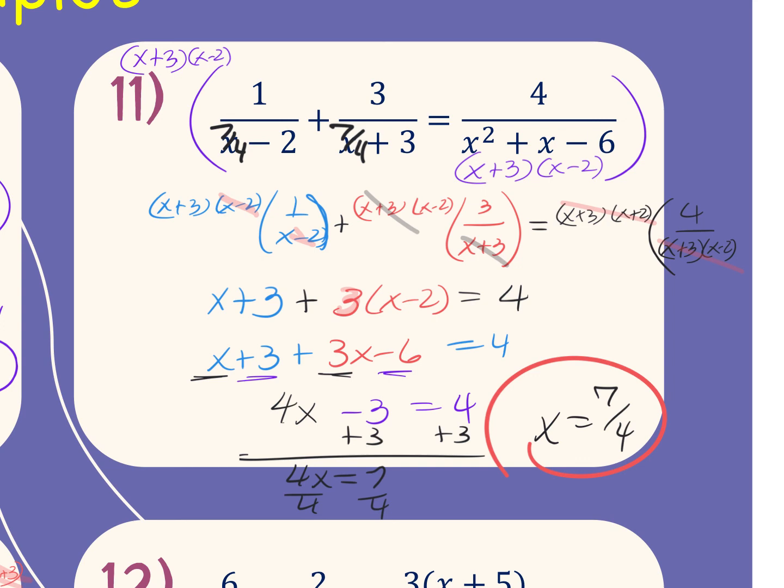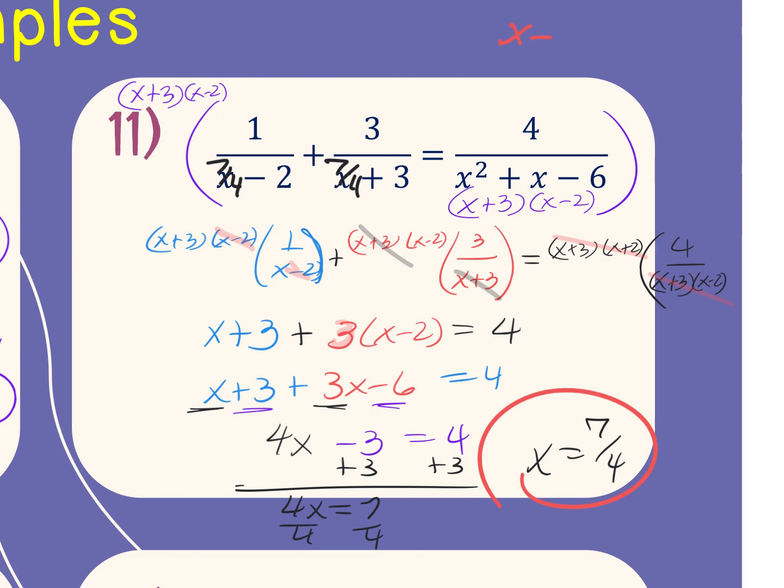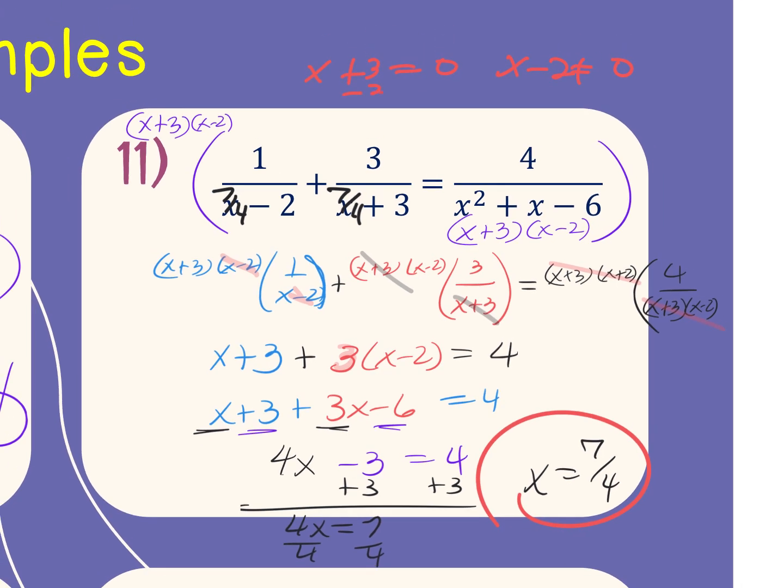And again, you could have, from the very beginning, said that x cannot equal 2 and x can't equal -3. So if you did this at the beginning, you could already see that when you got 7 over 4, it was going to be an okay answer.